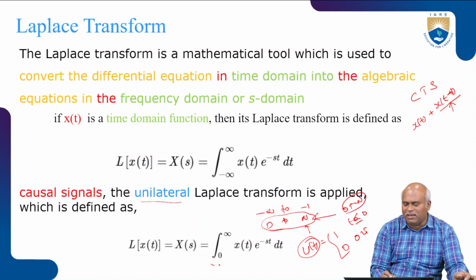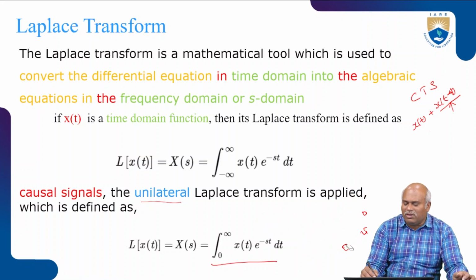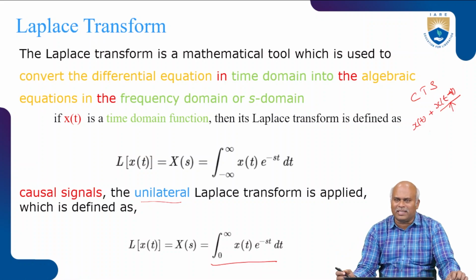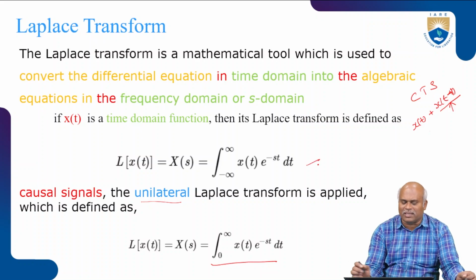The signal is present only from 0 to infinity. That's why I wrote the Laplace transform of x of t as the integration from 0 to infinity of x of t e power minus st dt. We need to derive this equation.